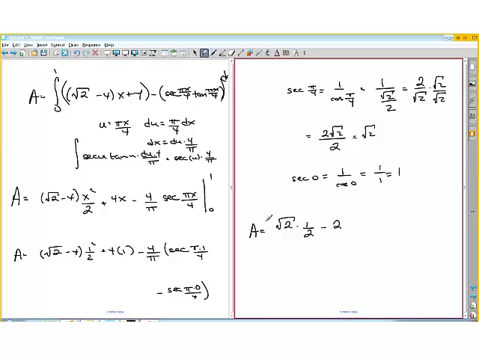Here we get 4 times 1, so we get plus 4. Then we have negative 4 over pi times the secant of pi over 4, which is equal to the square root of 2. And then we have this 4 over pi times the secant of 0, which is 1.